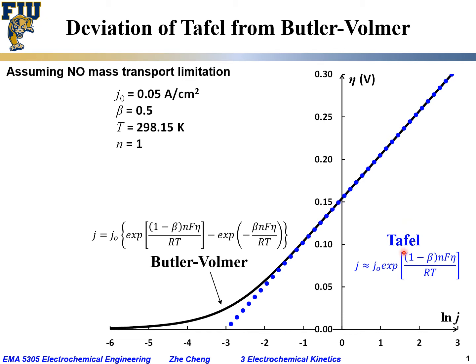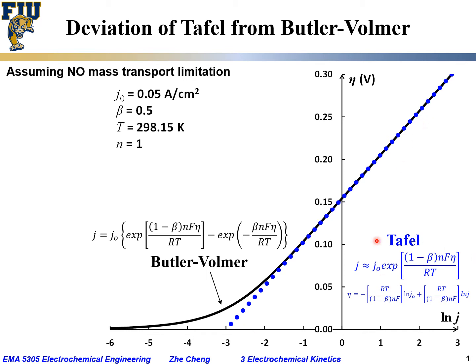When the overpotential is very large, let's only look at the anodic overpotential, or when the overpotential is positive, this would be the relationship in exponential terms. And of course, we can rearrange this into the typical linear function between overpotential and the natural log of current density. Eta would be the vertical axis, and natural log of current density would be the horizontal axis.